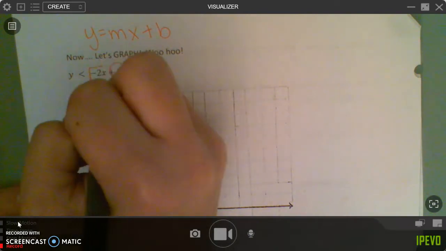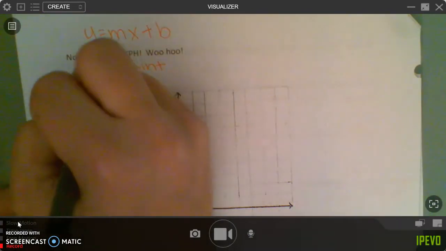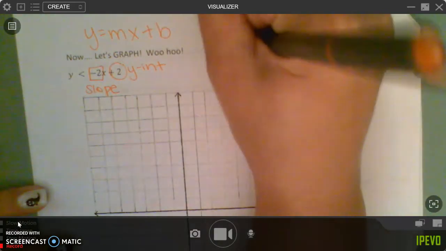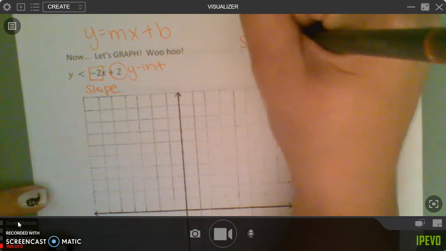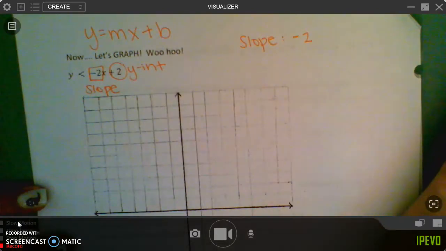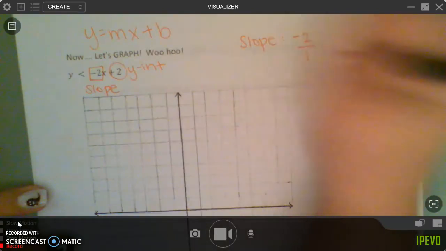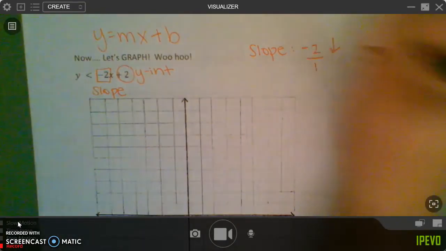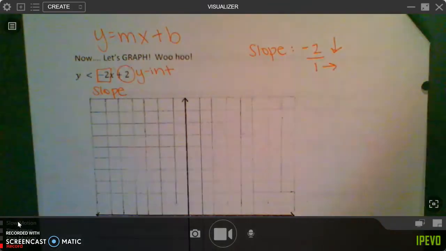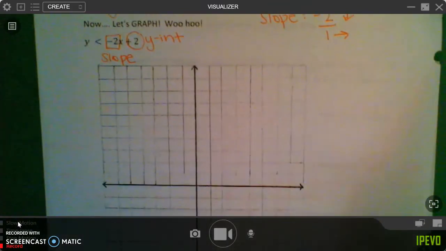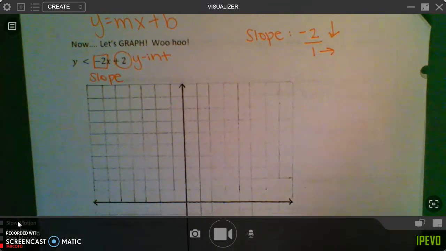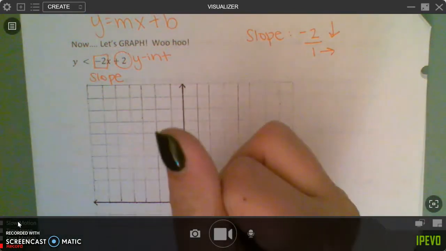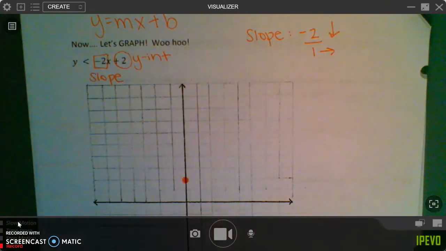And then this -2 right here, that's your slope. So my slope for this problem is -2, which really means -2 over 1. So when I start graphing this, I need to go down 2 and to the right 1. And remember, you always start graphing at your y-intercept. So on my y-axis, my very first point is at 2.